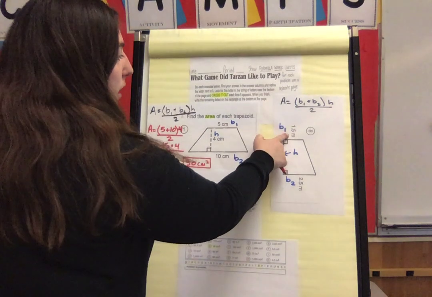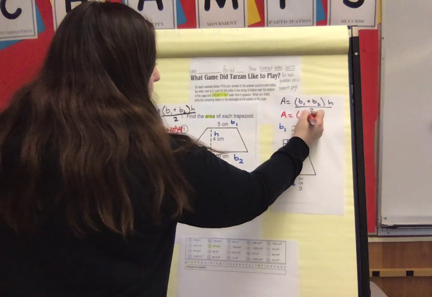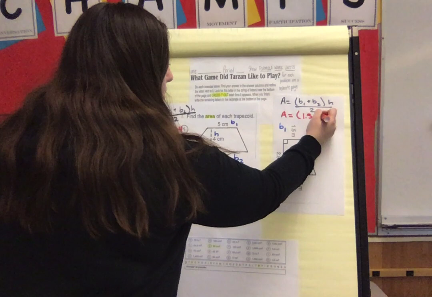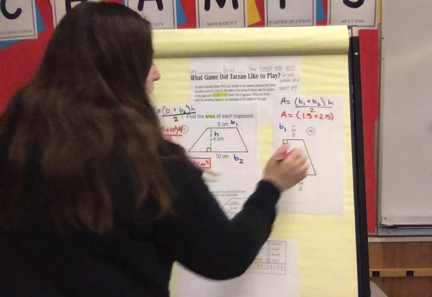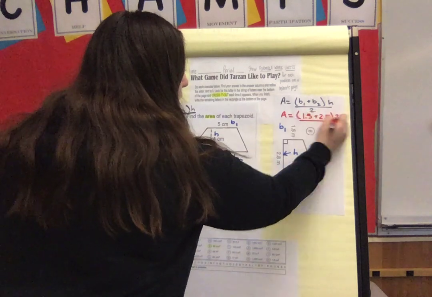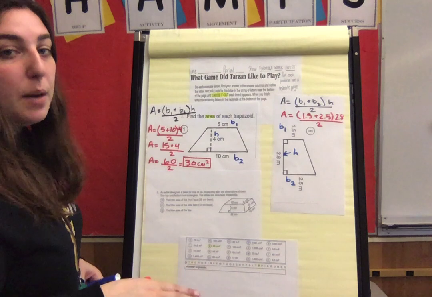Okay, so base 1 is 1.5 meters. Base 2 is 2.5 meters. And the height is 2.8, all over 2. Okay, don't forget to divide by 2.